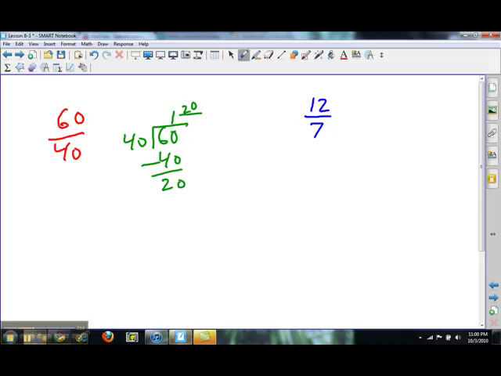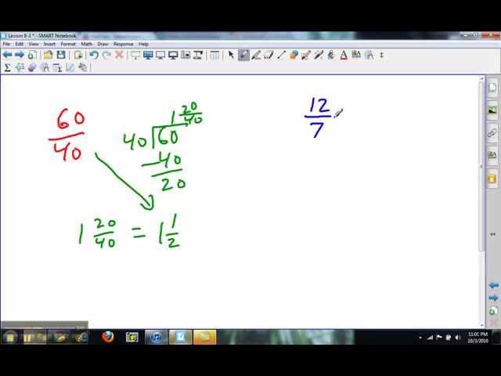So 1 and 20/40. Well, I notice that 20 is 1/2 of 40, so I can say that is 1 and 1/2. Or I can do other means of simplification, but I noticed that, so I know that 60/40 is the same as 1 and 1/2.